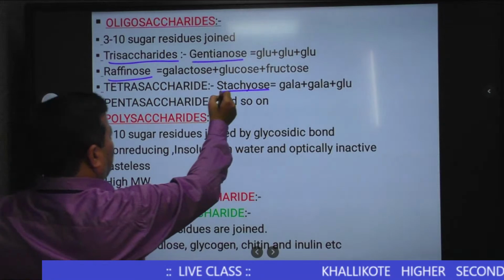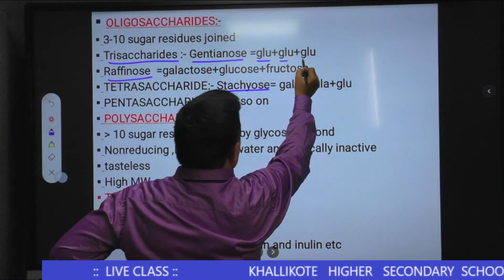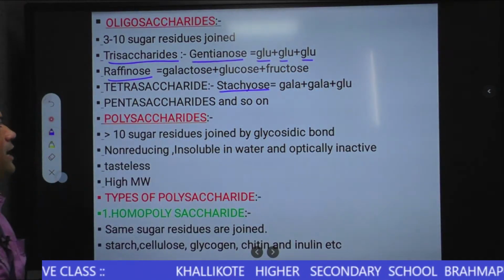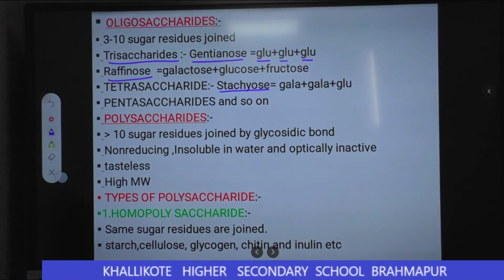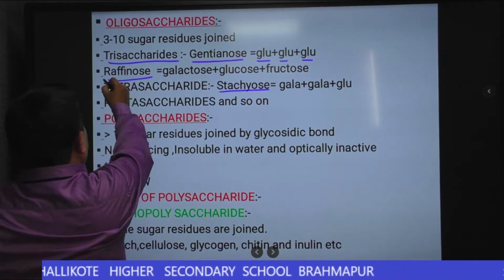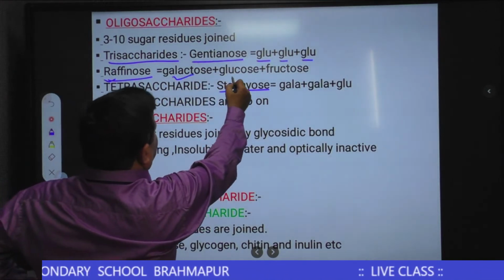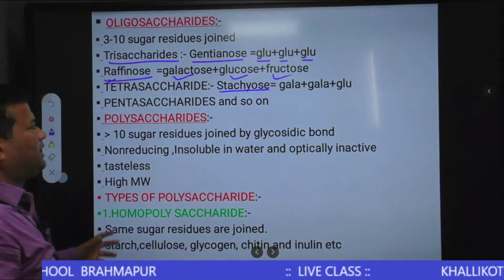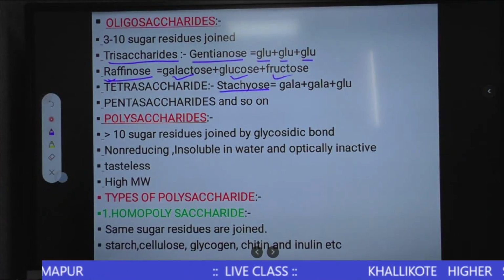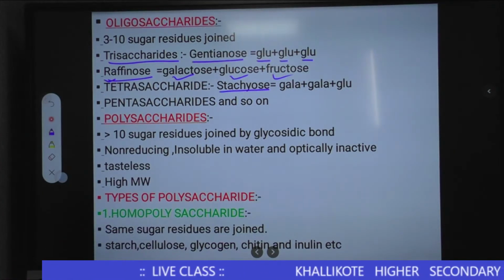In gentianose, 3 glucose molecules are combined by glycosidic bonds. Similarly, in raffinose, 1 galactose, 1 glucose, 1 fructose are combined by glycosidic bonds.